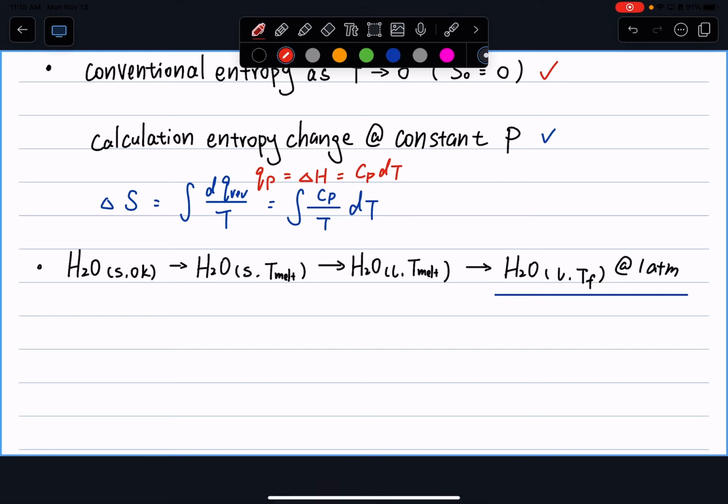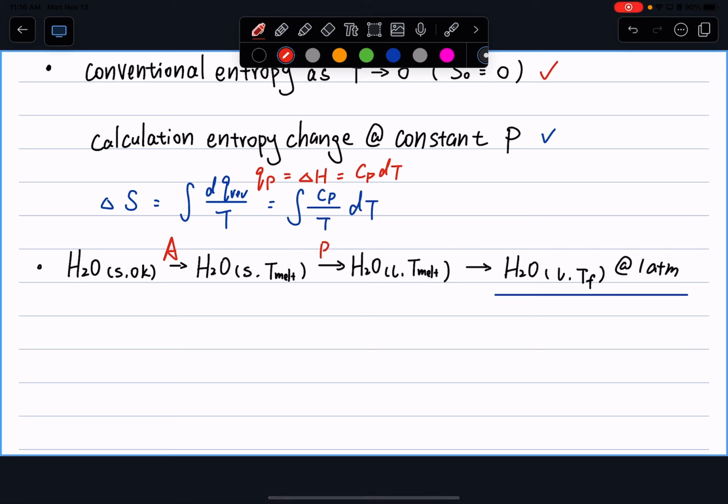In this process, obviously, we have several different steps. The first step is bringing solid water from 0K, gradually increasing its temperature reversibly, until it reaches its melting point. It's not melting yet, but it's solid at its melting point.